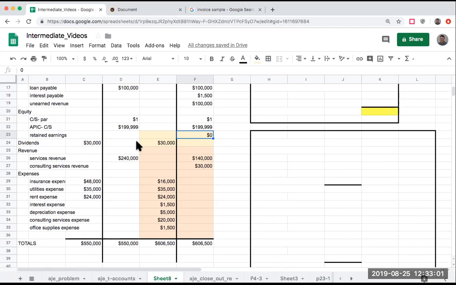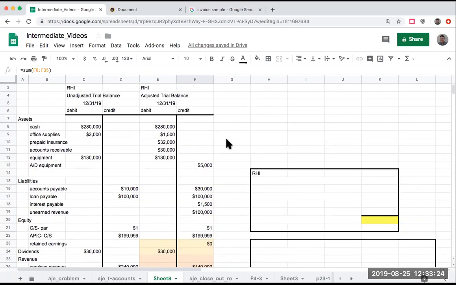When you look at the financial statements for any publicly traded company, you're going to find an income statement, statement of owner's equity, balance sheet, and statement of cash flows, which we're not covering in this exercise. The trial balance is really here just to make sure that after we made these adjustments, our total debits still equal our total credits. So that's really why we're doing this.